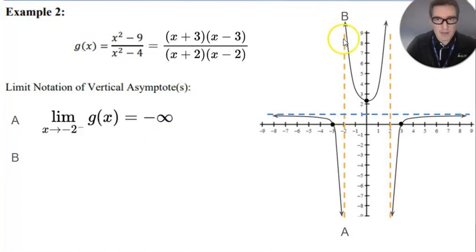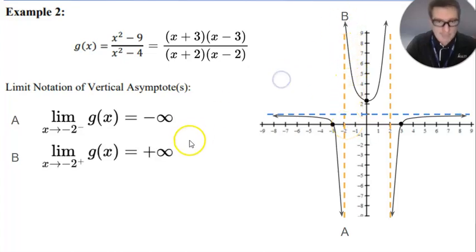Up here on the right of the asymptote, at a number slightly larger than -2, my function is going up to +infinity. These two limits describe the first asymptote. Now it's time to go to the next asymptote.